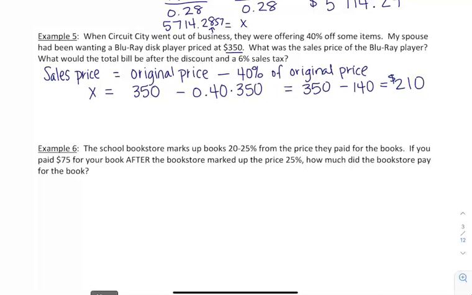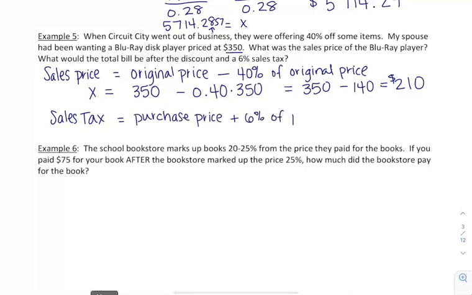Now we need to pay sales tax. So how does that work? It's the purchase price plus 6% of the price. So we'll do this one similarly. Our purchase price was $210, but we need to add 6% of the $210.